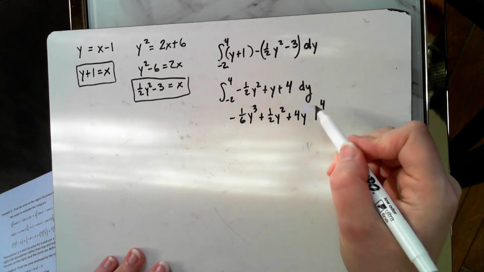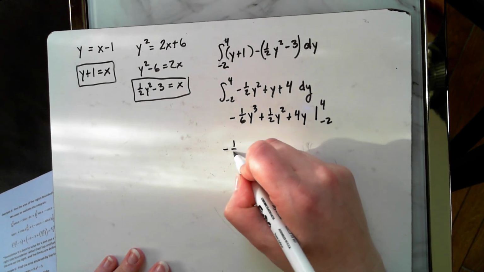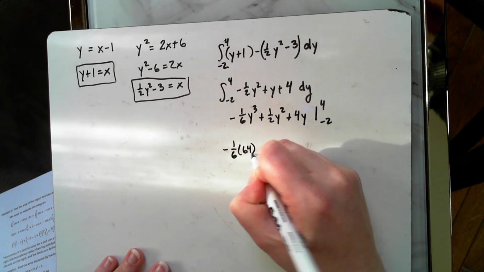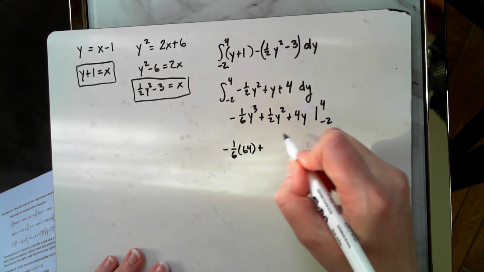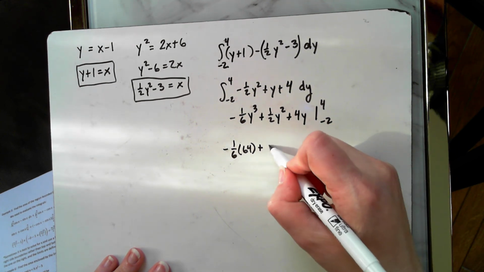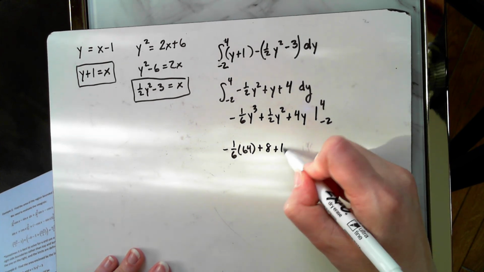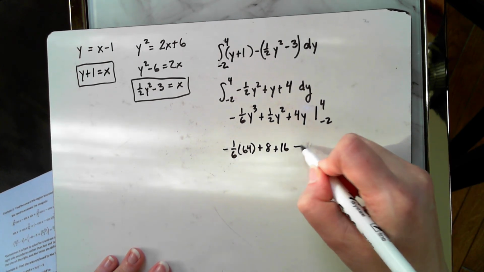Okay, so 4 to the third power is 64, so I have -1/6 times 64 plus, and 4 to the second power is 16, and half of 16 is 8, and plus 4 times 4, which is 16. And then I'll subtract.